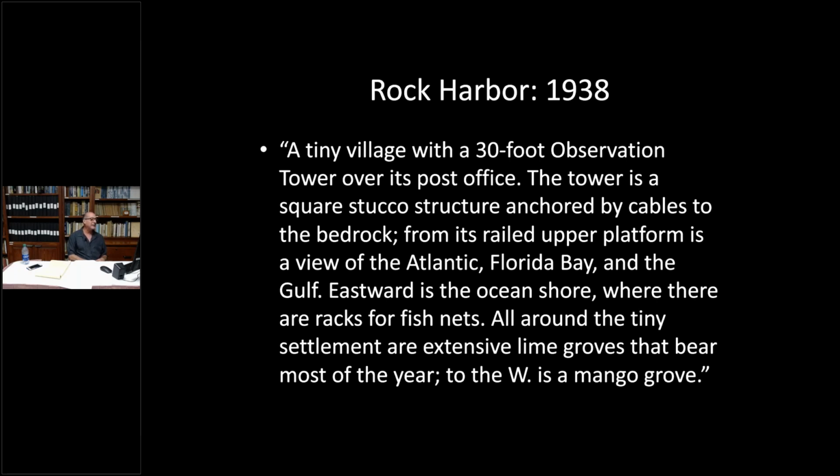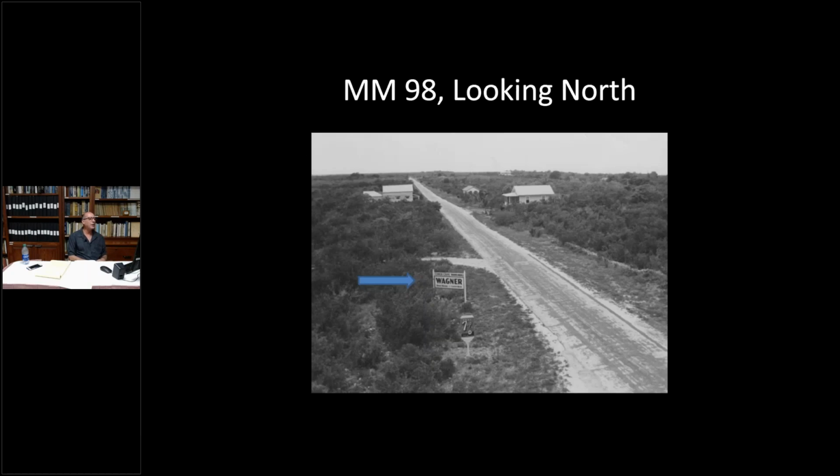All around the teeny settlement are extensive lime groves that bear most of the year. To the west is a mango grove. And so here, east would be the Atlantic, and then west from here would have been the Bethels' mango grove, which I keep wanting to say mangrove, but it is a mango grove.